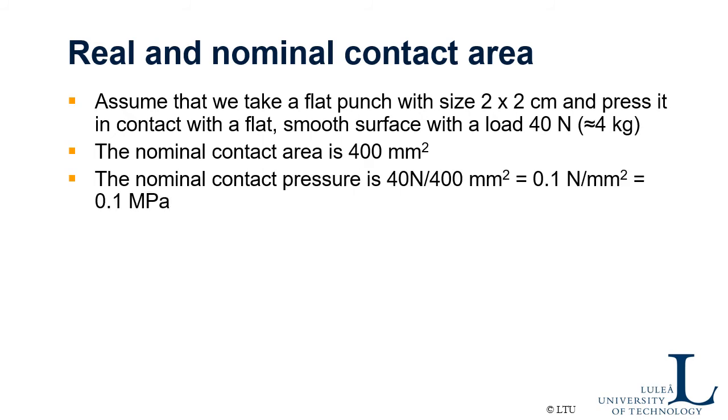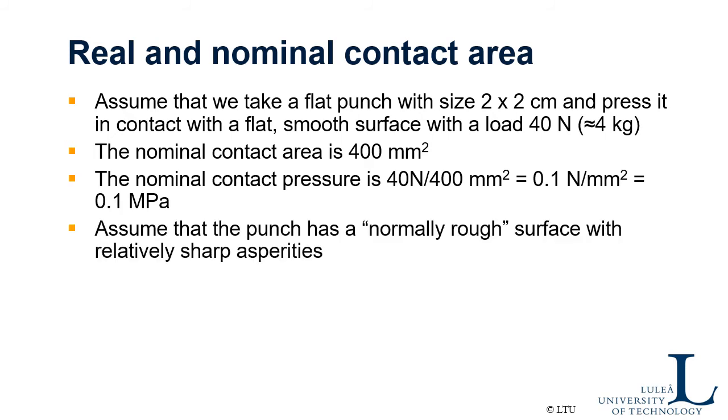Now we can also compute the nominal contact pressure, which is simply 40 newtons divided by 400 square millimeters. That is 0.1 newtons per square millimeter, and that is 0.1 megapascal. So it's very low nominal contact pressure.